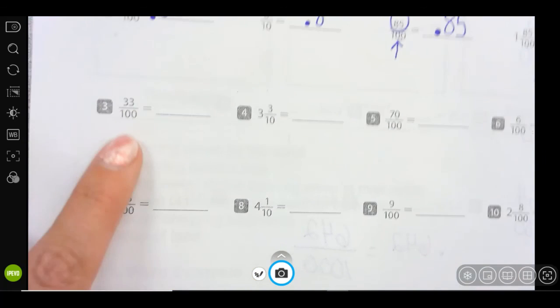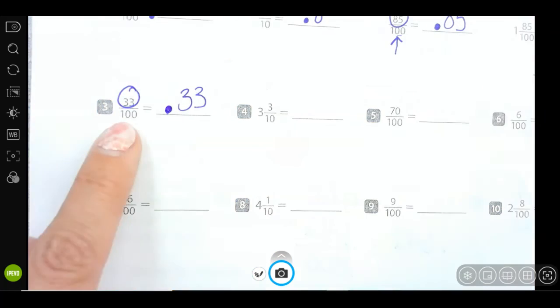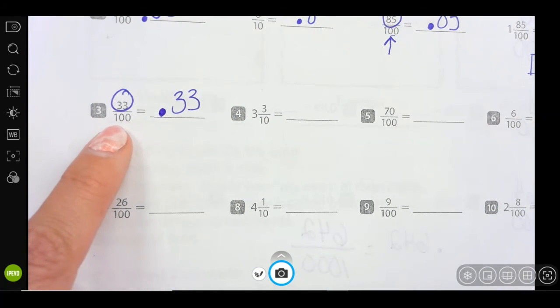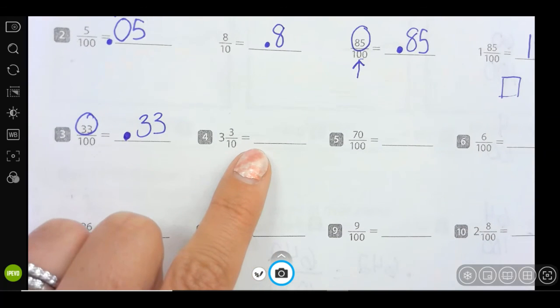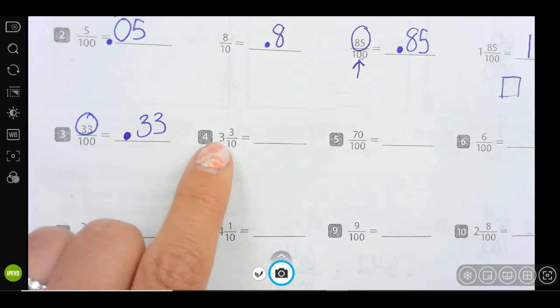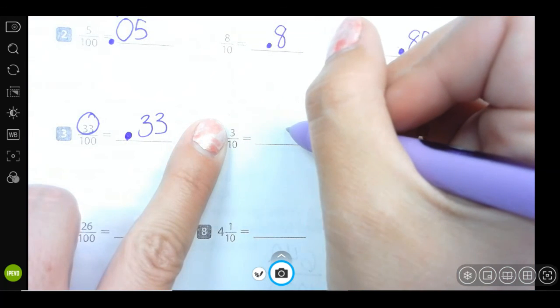Let's go down to 3. We have 33 hundredths. So you're going to add your decimal point right there. Okay. And then 4, put your finger over the whole number and just write 3 tenths.